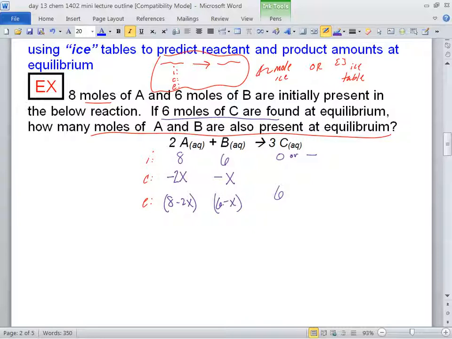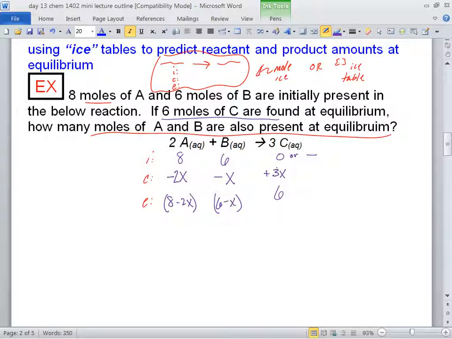Oh, we forgot to write in a change here. How about for C? Is it 3x, positive 3x or negative 3x? Positive, it's a product. Positive 3x. It's being formed. You can put a plus sign in there. Okay. Our ice table is done.